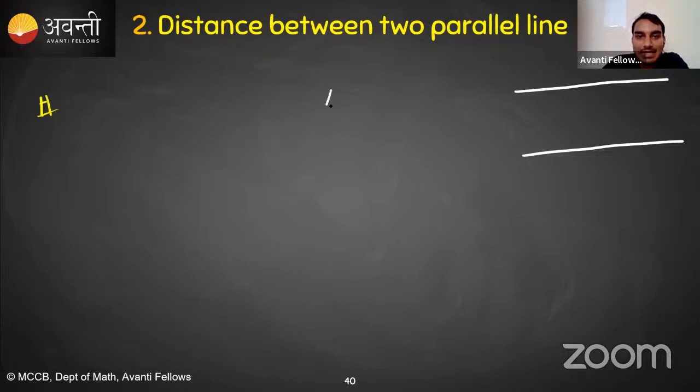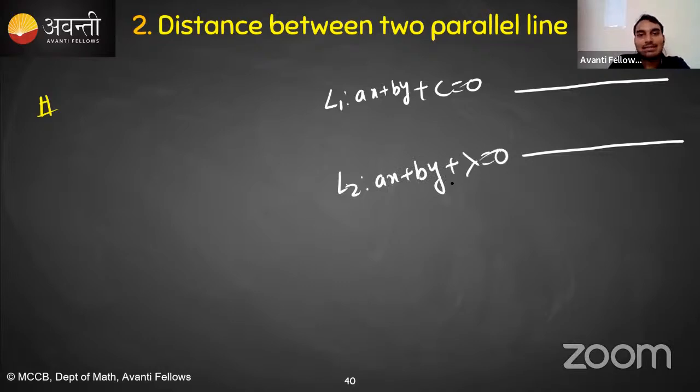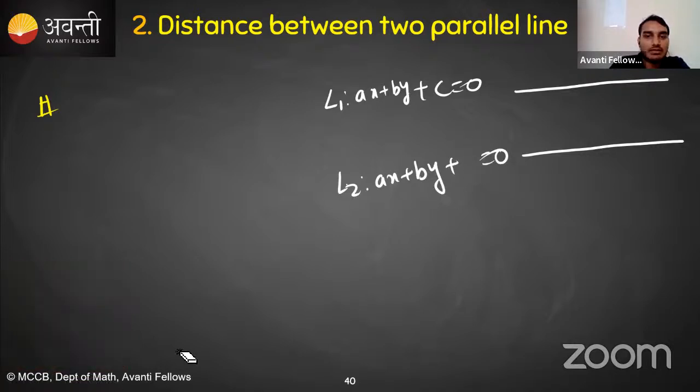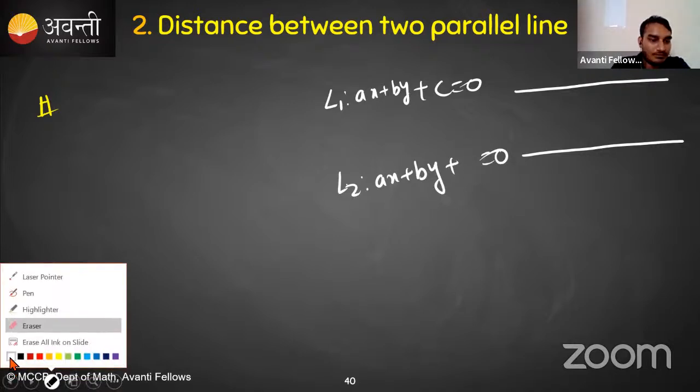Let's say line L1 is ax plus by plus c is equal to 0, and this is line L2. These two lines are parallel, so the coefficients of x and y remain unchanged: ax plus by. The only difference is the constant. So write C1 and C2.